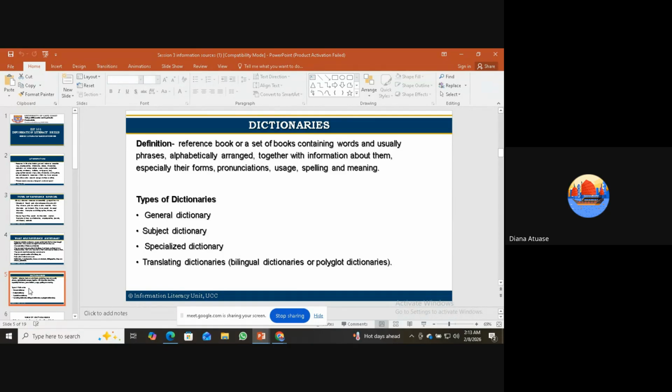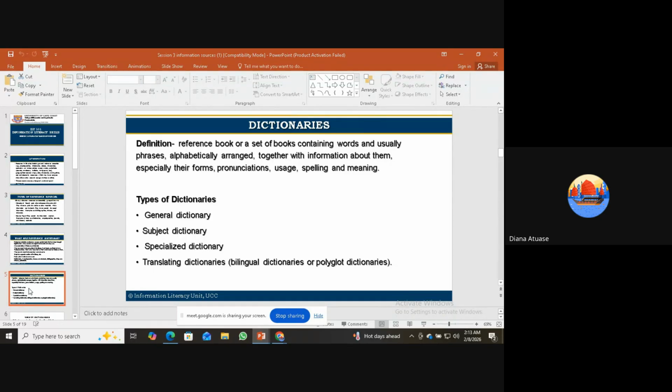Every subject has a dictionary, and this dictionary covers specific subjects, and helps you get terminologies or terms and provides definitions of terms.